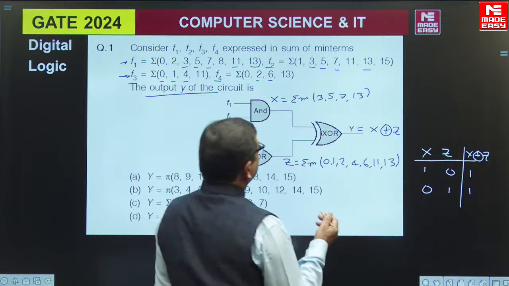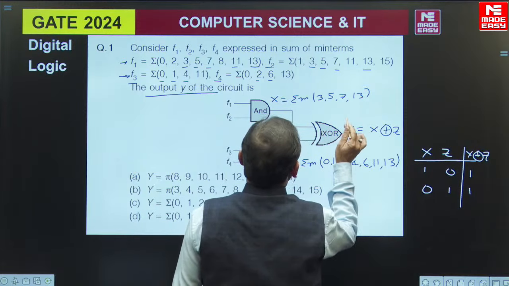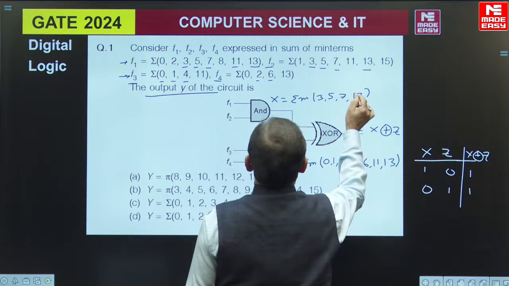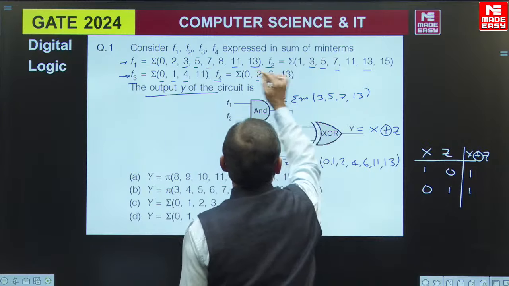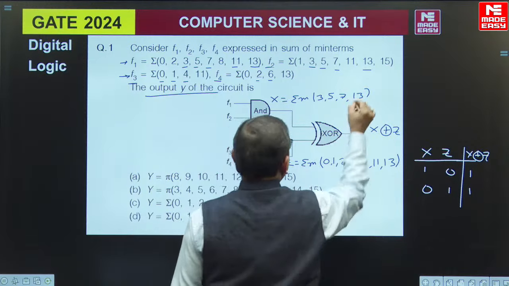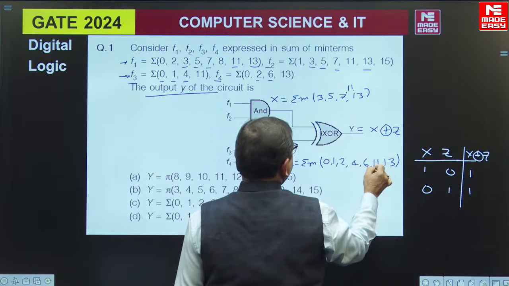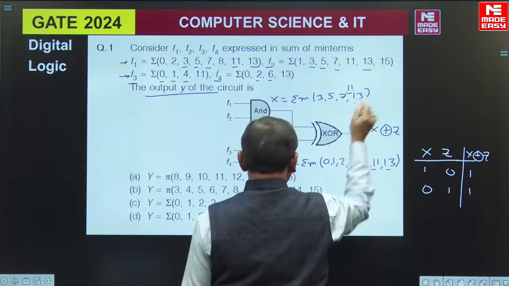Having this knowledge, we can check here. I think we missed 11 in X. So 11 and 13 are in both places.